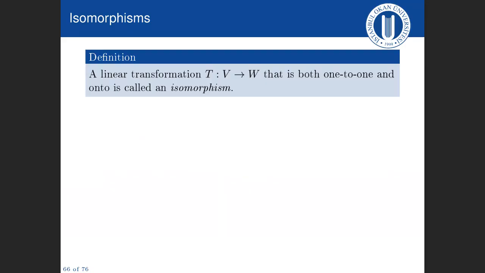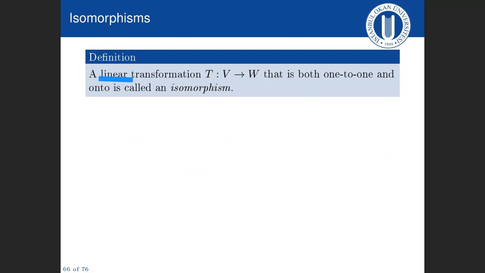And that brings me to the final topic of today's lesson. I want to talk about isomorphisms. A linear transformation which is both one-to-one and onto is called an isomorphism. So isomorphism means three things.